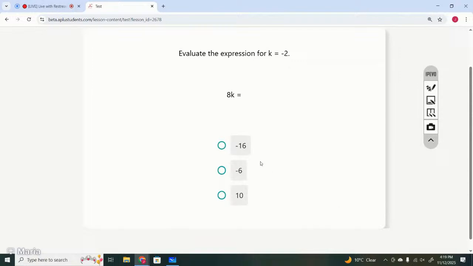Option number 1 is the correct option, negative 16 it is. Evaluate the expression for r equals 4.